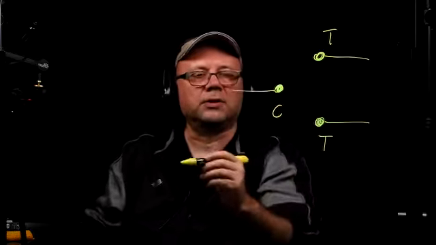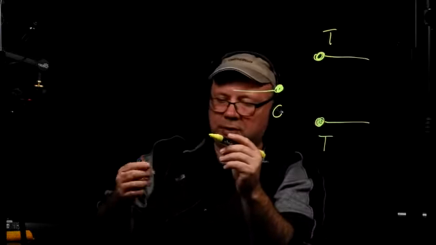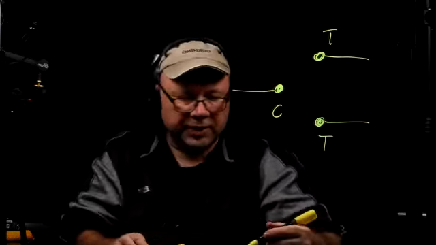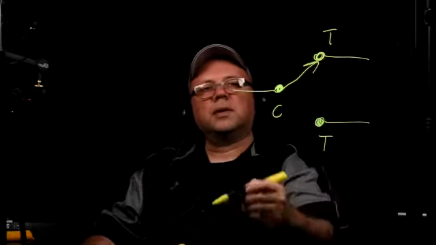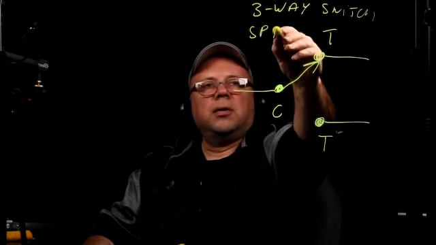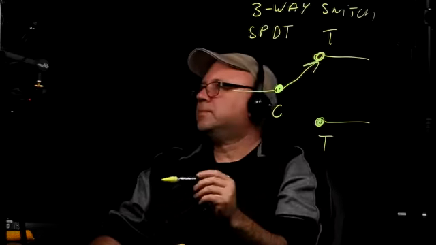Just like the traveler, if you want to travel, see other countries and do sightseeing, so that will be traveler. And here is the pole. Now you can throw it this way, or you can throw it that way. So it's a three-way switch. Three-way switch, which basically is a single pole double throw.